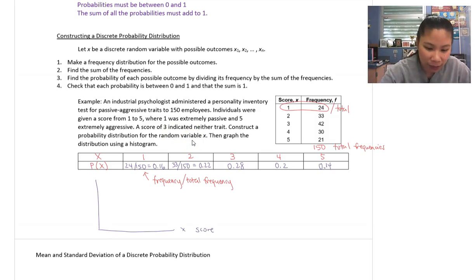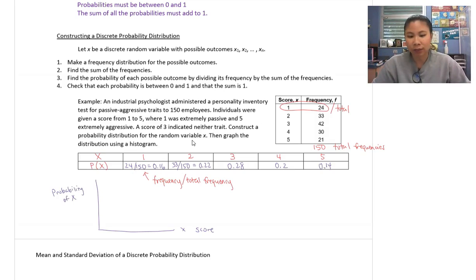On the y-axis, it's now going to be our probabilities, the probability of x. We just found all those, so we know what numbers we're going to graph. I'm just going to go by 0.10, because I think my highest number is 0.28.